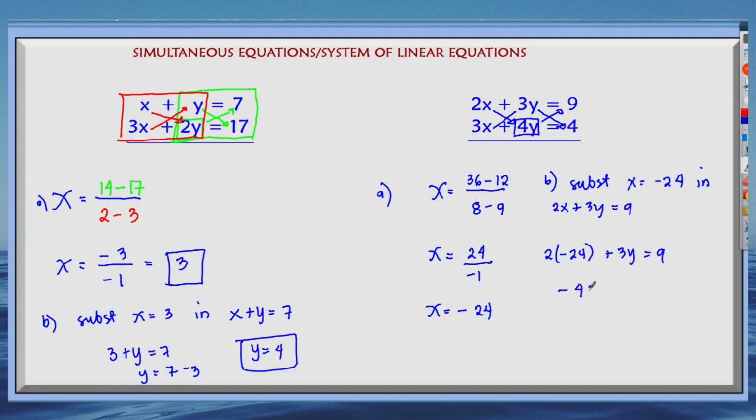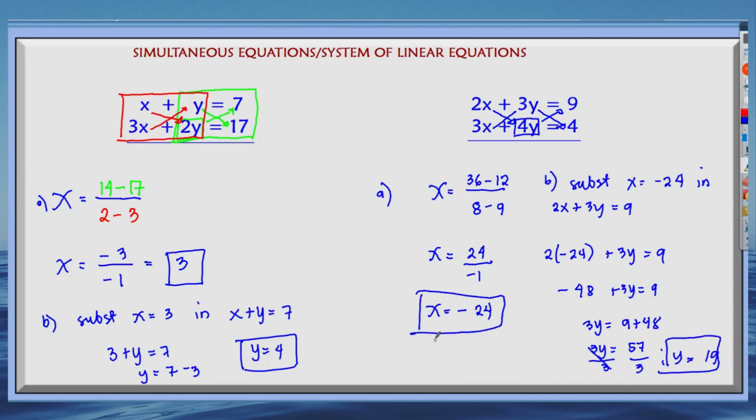So we have negative 48 plus 3y is equal to 9. 3y is equal to 9 plus 48, so 3y is equal to 57. Divide both sides by 3. So we have y is equal to 19. Therefore, for x we have negative 24, and for y we have 19.